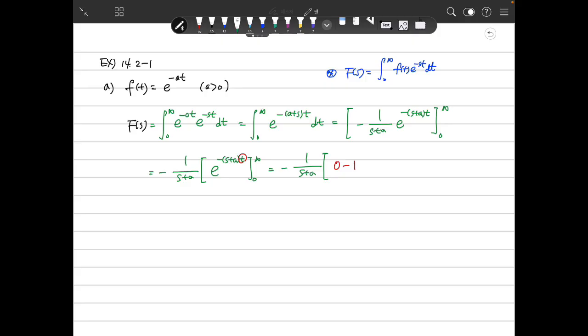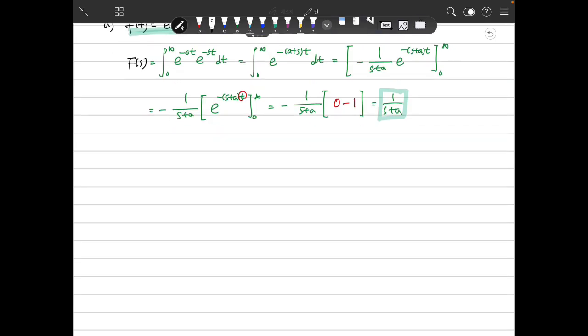So the result is 1/(s+a). This is the Laplace transform of the exponential function in the time domain.